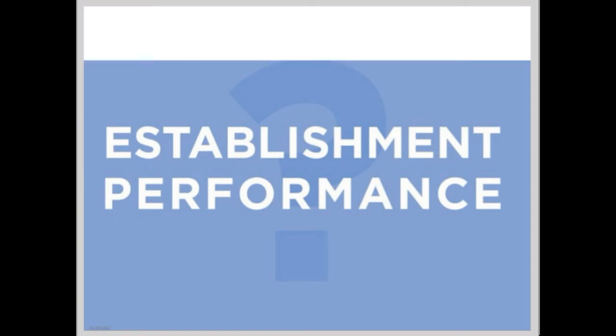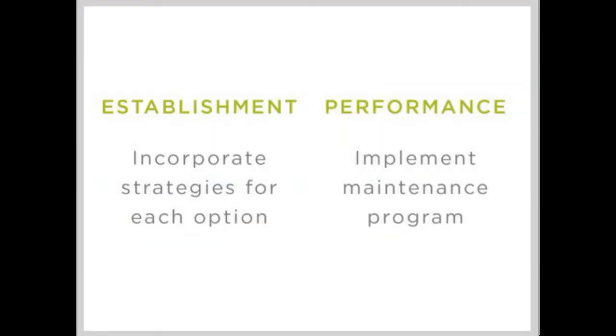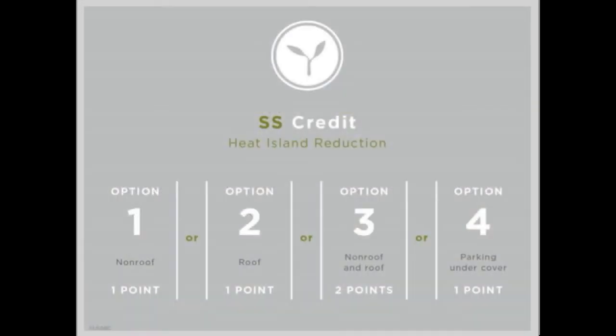There are both establishment and performance requirements for this credit. Projects have 4 options from which to choose in order to earn this credit. Option 1 is for projects with compliant at-grade, or non-roof, strategies and no roof treatments or covered parking. Option 2 is for projects with compliant roofs but without compliant at-grade or non-roof strategies or covered parking.